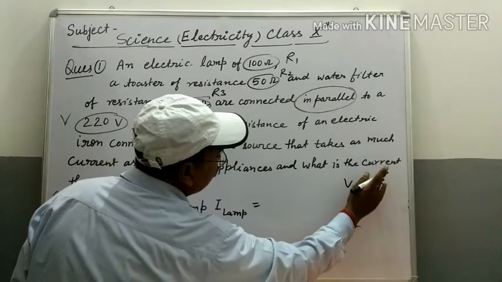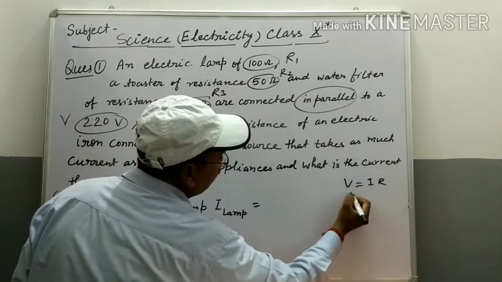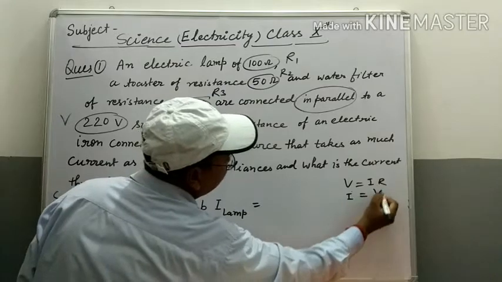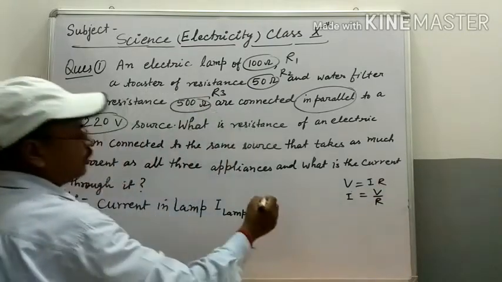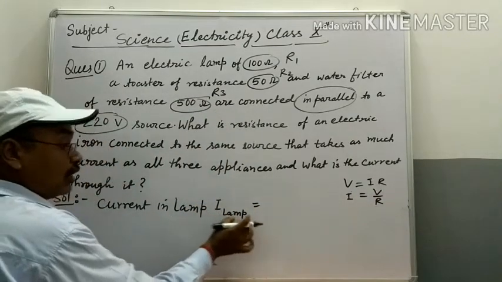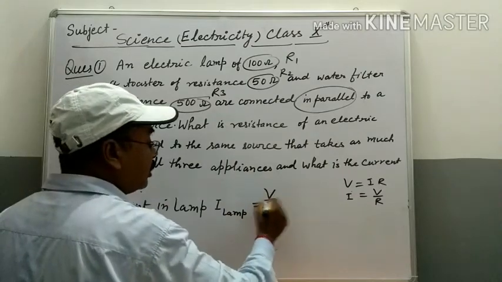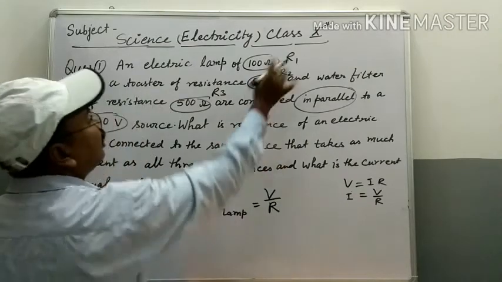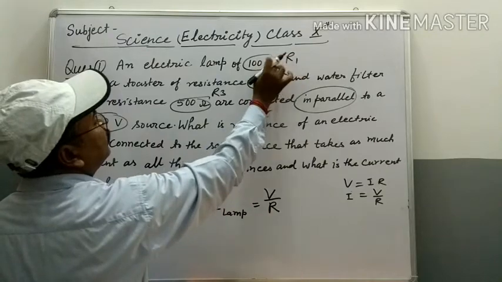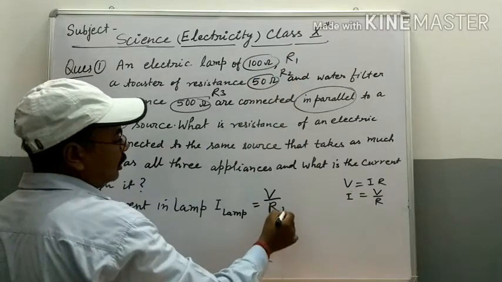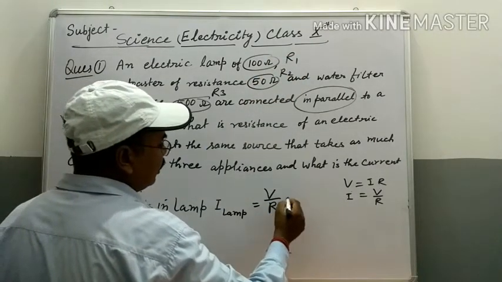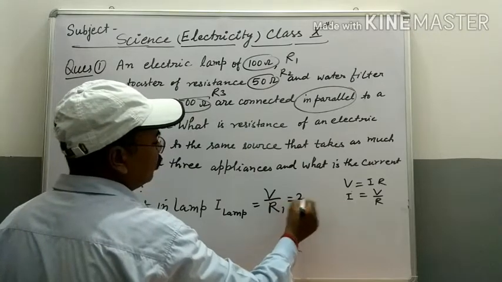using this formula students. I equal to V upon R. It means current in lamp V upon R, and that's R lamp के लिए first resistance है, that is R1. Then you can place the value voltage, that is 220.